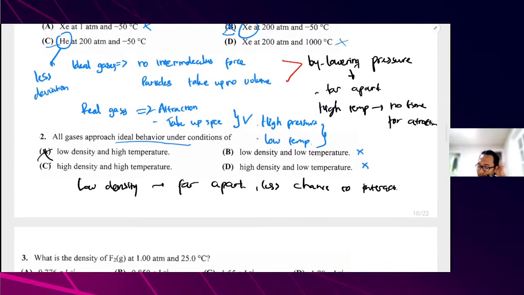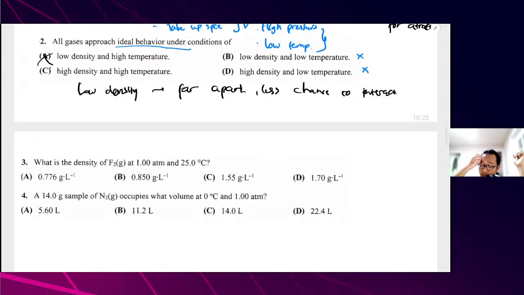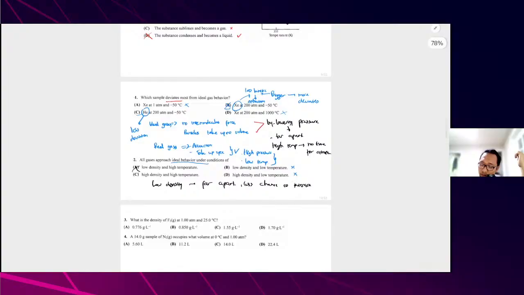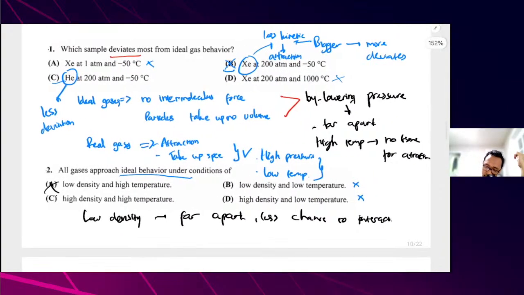Just for a quick recap, for the ideal case we need behavior such as what?